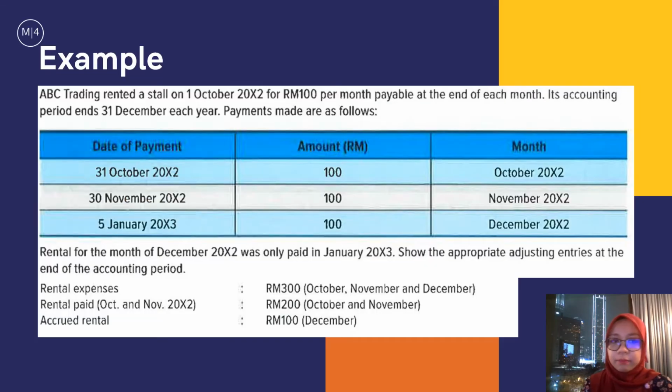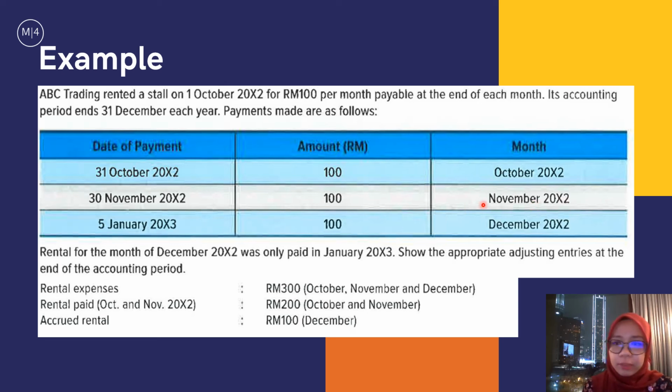For example here, ABC Trading rented a stall on 1st October 20X2 and pays 100 ringgit monthly. The 31st October payment of 100 ringgit is paid in October, which is okay. For November, it is paid in November, so it's not accrued.